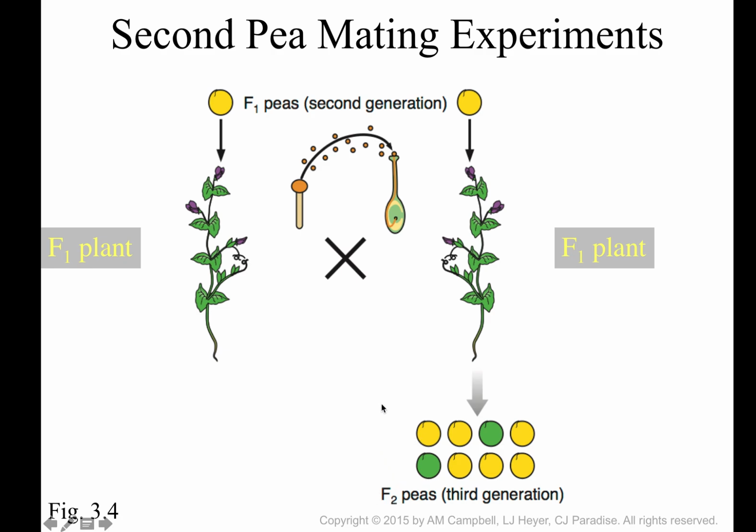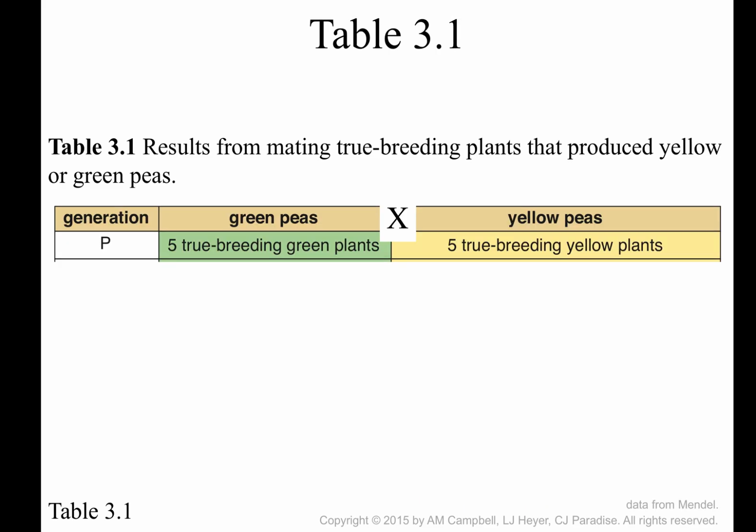And if you remember, in the F1 generation, everybody's yellow. All the peas are yellow. But in the F2 generation, some of the peas are green. So a characteristic of the parental generation, where one of the parents had green seeds, shows up again in the F2 generation. So how did that happen?